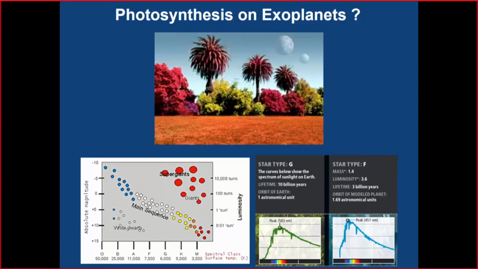It might be possible that life evolves around the peak emission of the star. And the peak emission of a star is a function of temperature, and this function of temperature and its brightness are linked together. The more the temperature, the brighter they are. The lesser the temperature, the lower the absolute magnitude.